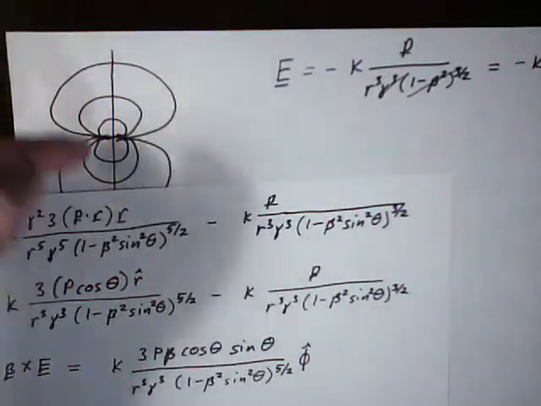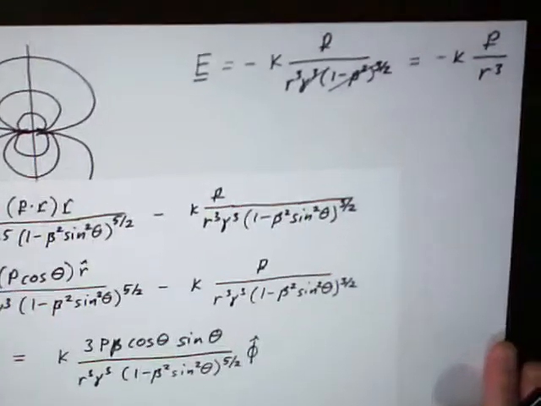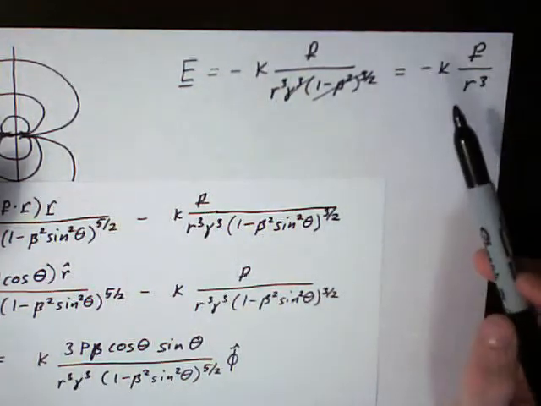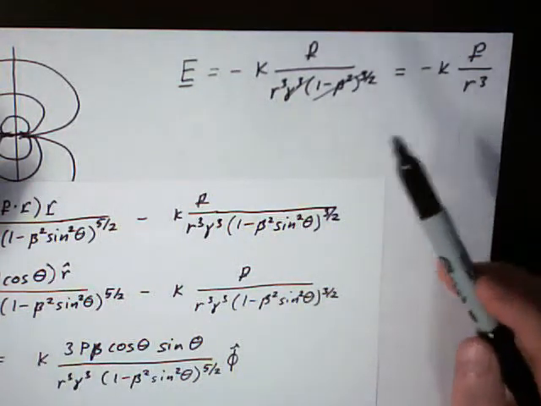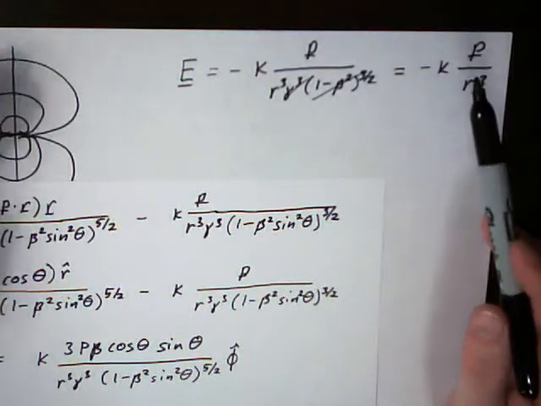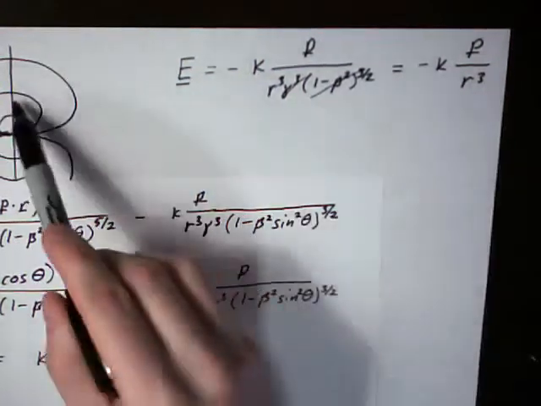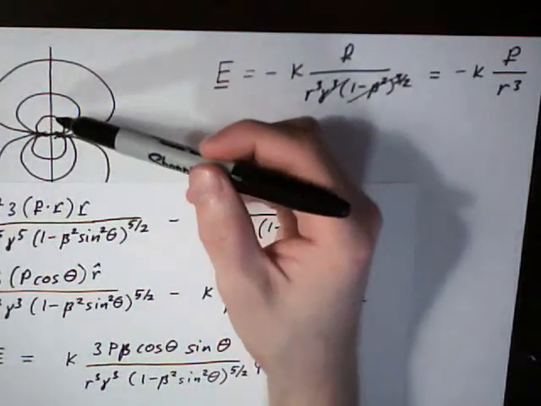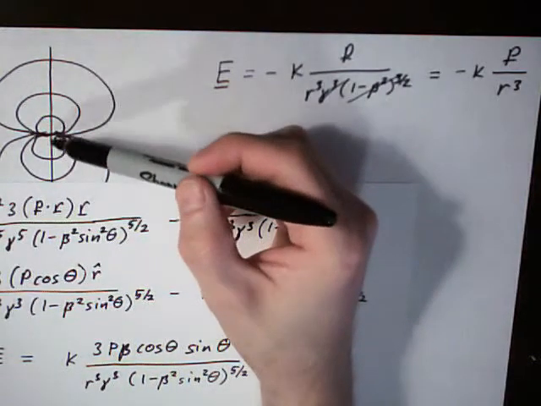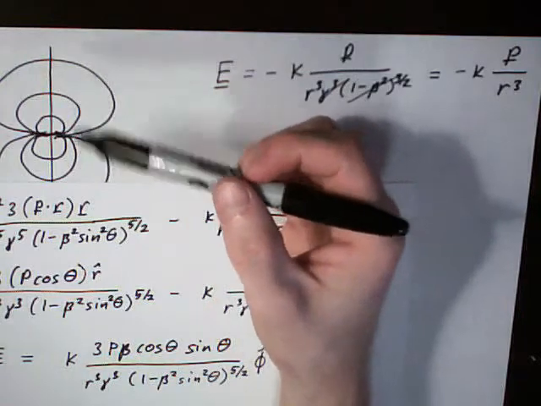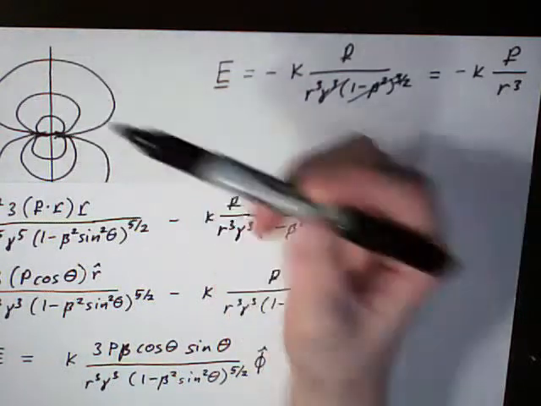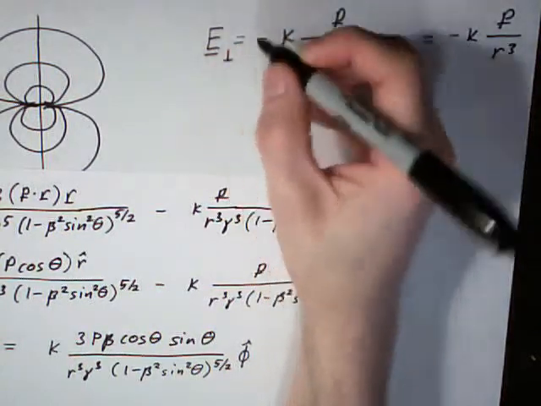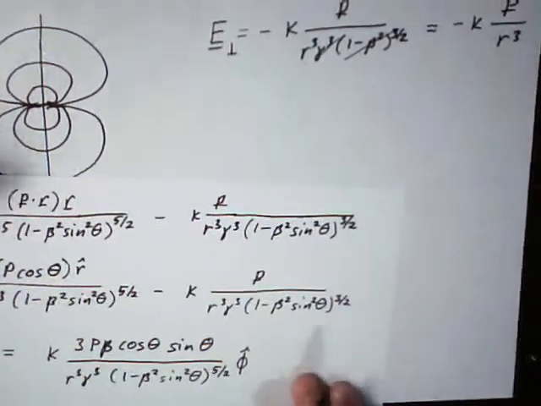And so I notice that in this perpendicular plane, I get an expression that doesn't depend on beta or gamma, right? It's just what it is, no matter what frame you're looking at on this plane. And so qualitatively, these electric field lines stay the same distance from each other, right? They don't get squished at all. And so I'm going to say that this is that perpendicular plane, electric field.